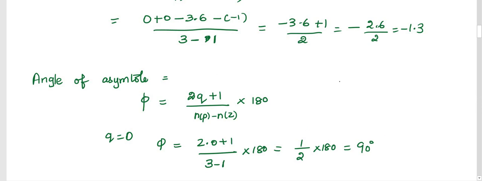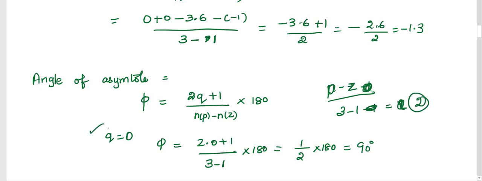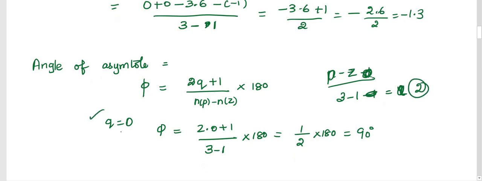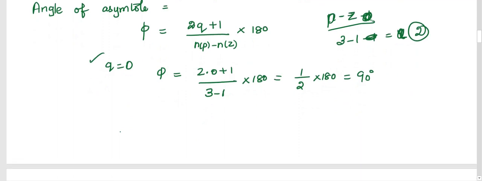So how many asymptotes? That is the number of poles minus zeros, p minus z, that is 3 minus 1, so total 2 asymptotes. One is this asymptote at 90, and for the second asymptote put q equal to 1.